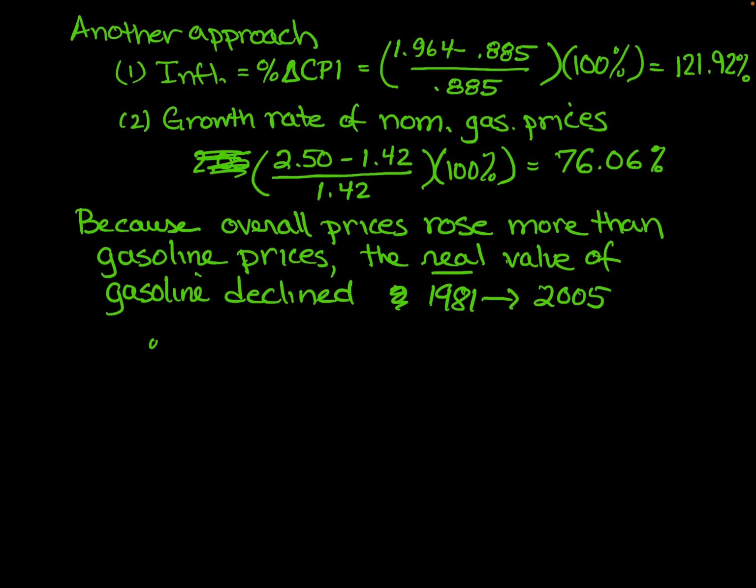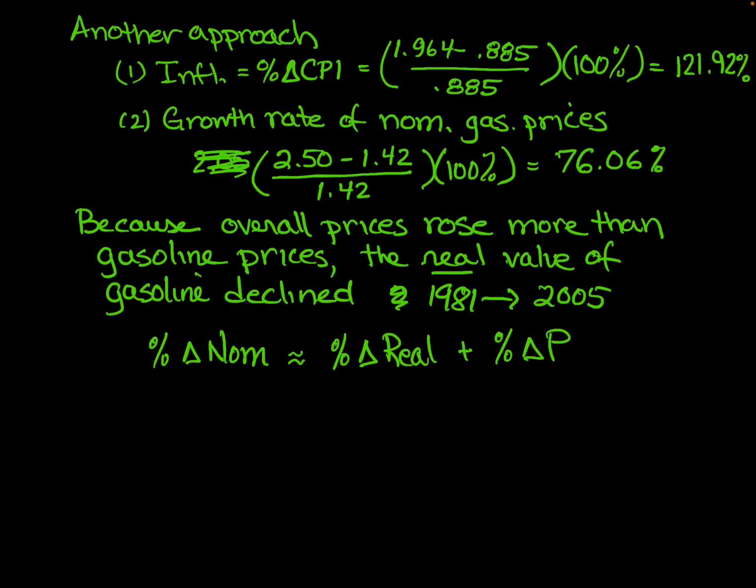Again, remember that we had this relationship that the percentage change in the nominal value of a variable is approximately equal to the percentage change in the real value plus the inflation rate.